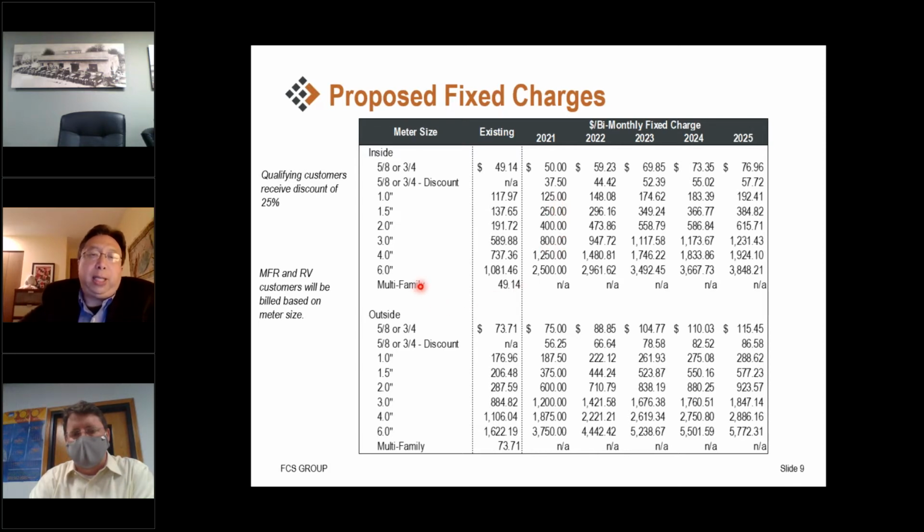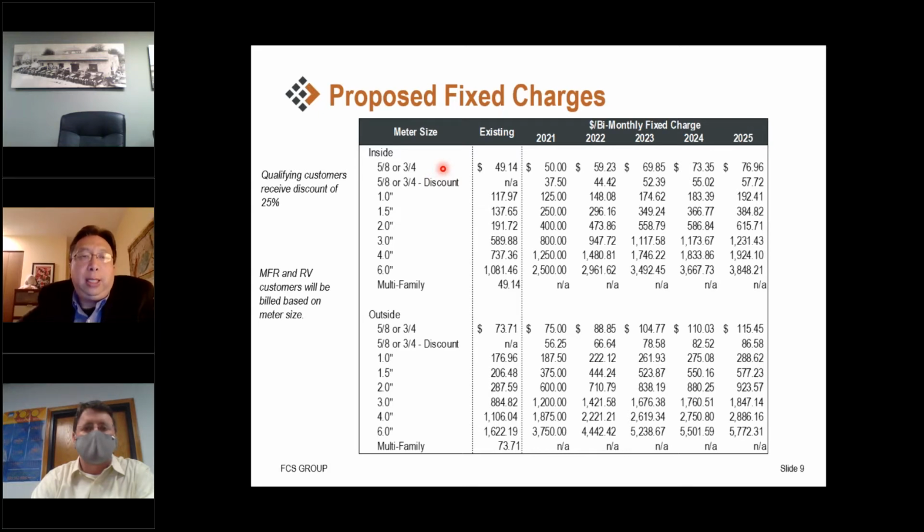For the multifamily customers, we're recommending that they move away from billing where their charges are based only upon the 5/8 or 3/4 inch meter, and instead be billed based on whatever meter size applies to their property. Most residential customers land within the 5/8 and 3/4 inch meter.